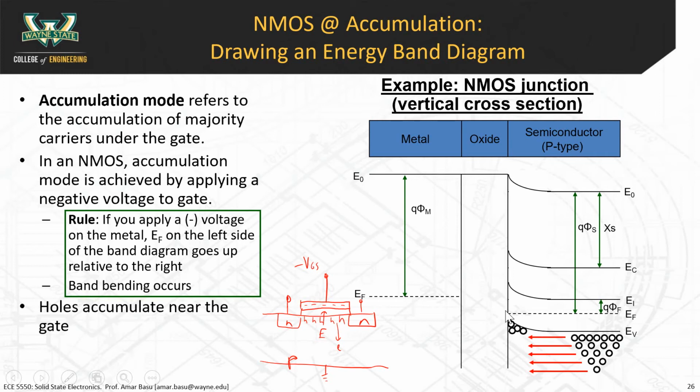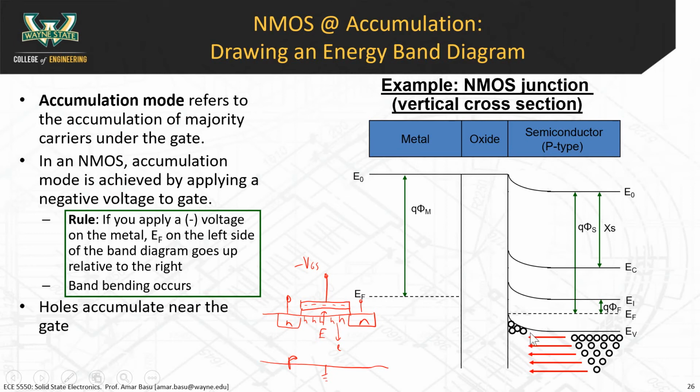So we refer to this type of thing as a potential well. Okay, wherever you have an electric field here, that electric field brings the holes towards the oxide, but then the oxide has this large barrier here that prevents the holes from going any further. So that's the way that this is described in terms of a diagram.